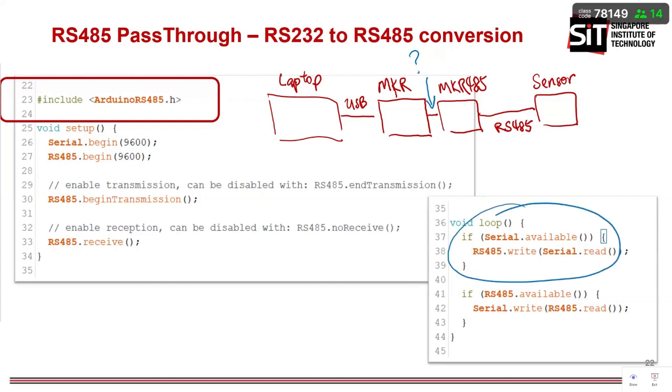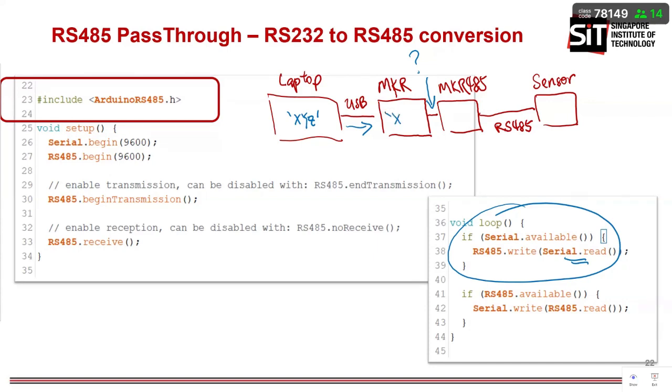When Serial.available, what does that mean? It means that when you type something, XYZ, onto your laptop serial monitor, it will send to the MKR, and that is why the MKR can do a Serial.read, because this data comes from your laptop through the USB cable to your MKR.